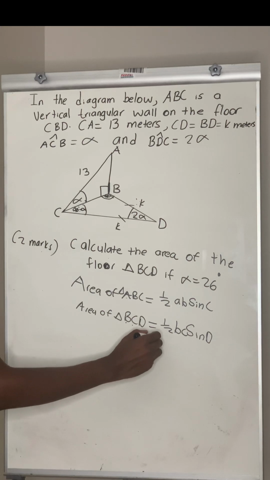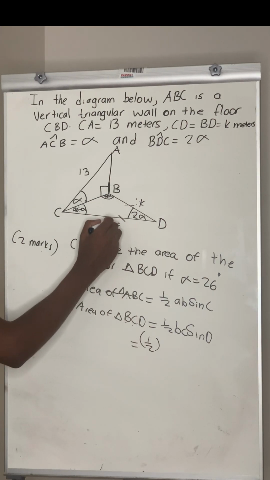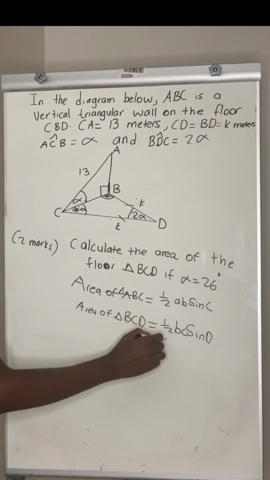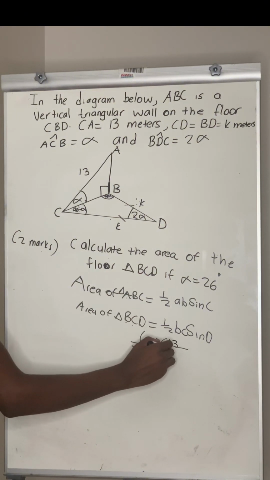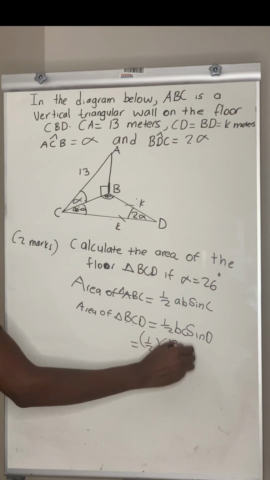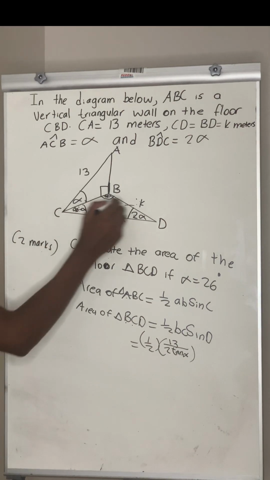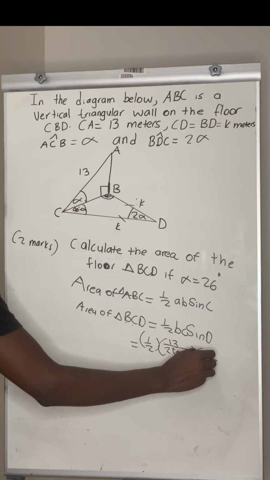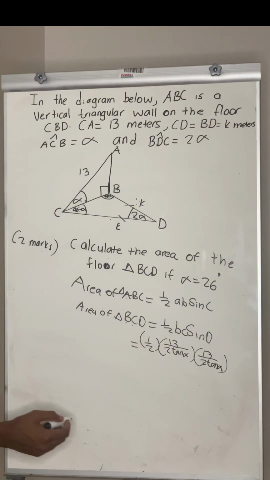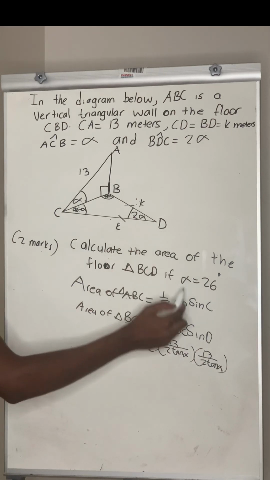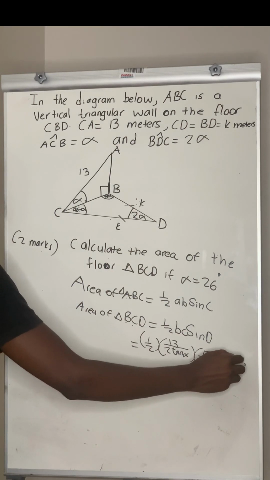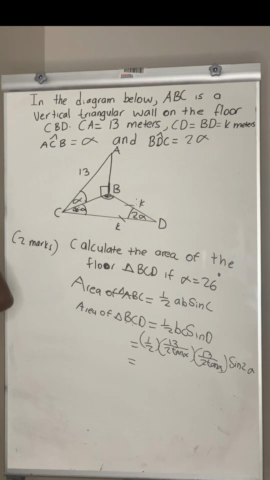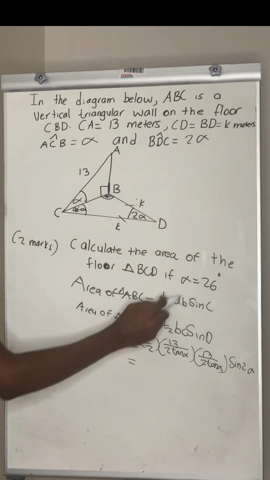So half into our b, this side, which is k, and remember we showed that k is 13 over 2 tan alpha from the previous question. Then we have c again, 13 over 2 tan alpha. And then D is 2 alpha, so it's sine of 2 alpha. Now we find the area by substituting alpha of 26 degrees.